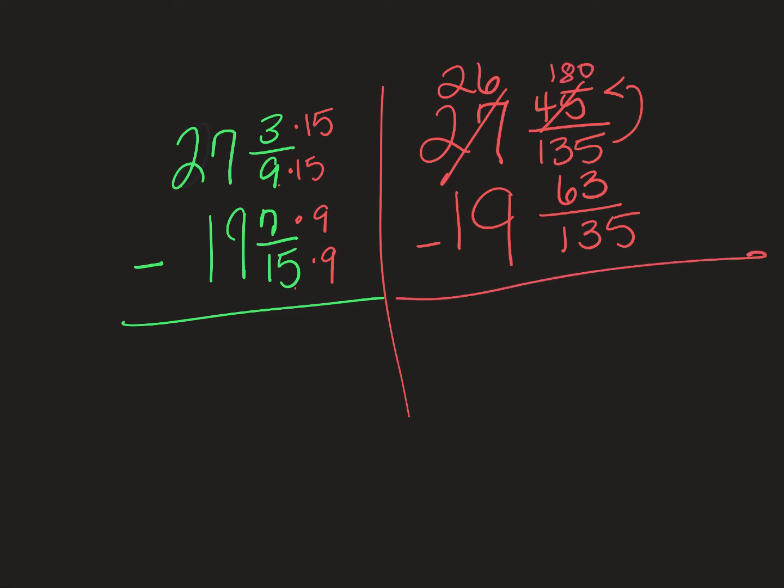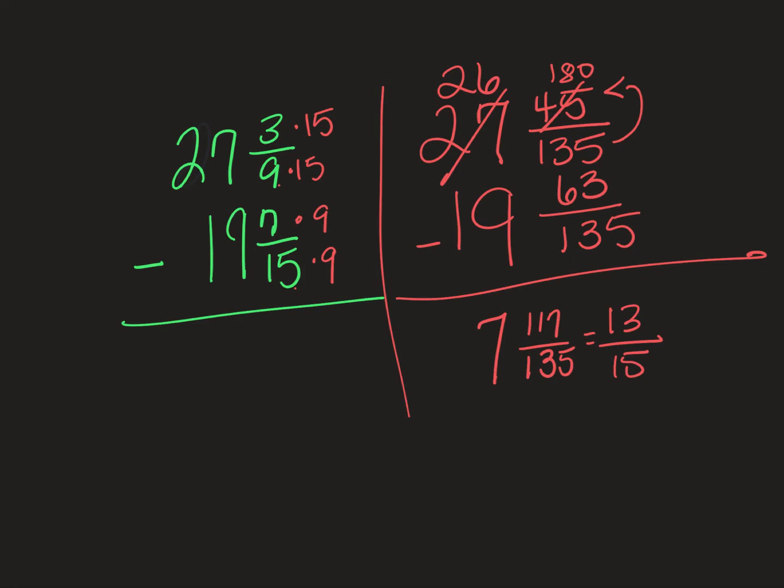Okay, so 26 minus 19 is 7. 180 minus 63 is 117 over 135. Can this be reduced? Yes, it can be reduced to 13 over 15.